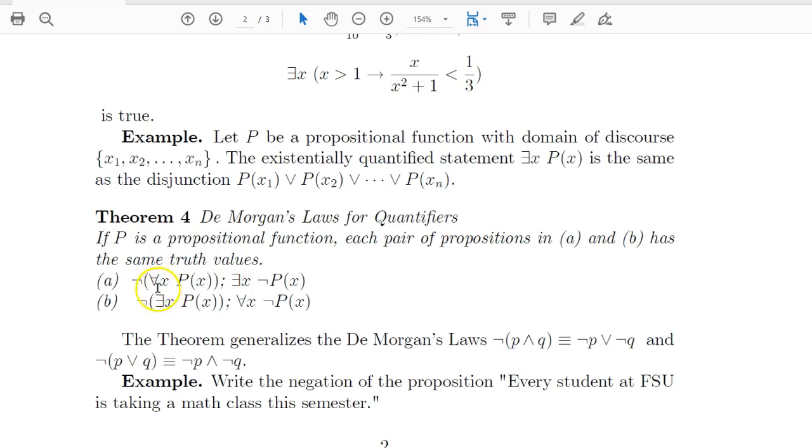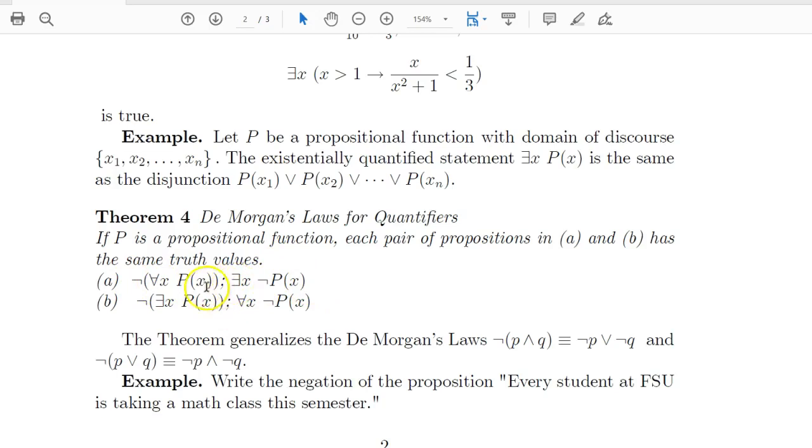This means that there is at least one x for which this proposition is false. Which means there is at least one x in the domain for which the negation of P of x is true. So if the first proposition is true, the second proposition is also true.